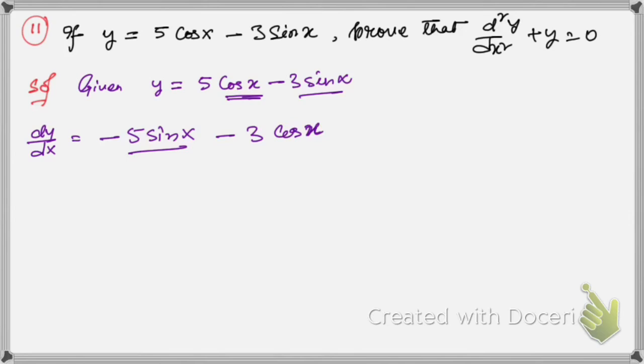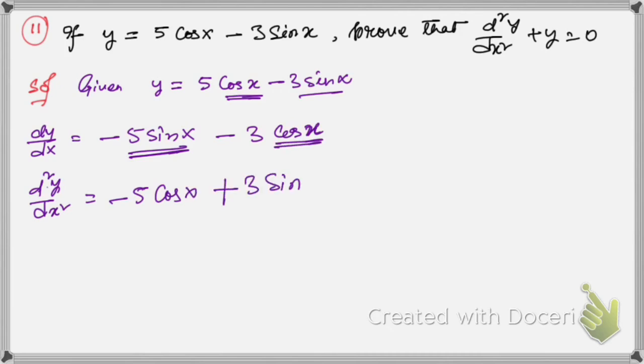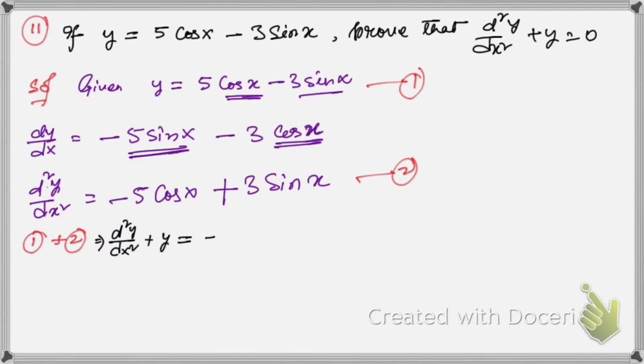Then in order to get the second order derivative of y, that is d2y by dx2, you have to differentiate it again. If you differentiate it again, you will get minus 5 cos x plus 3 sin x. So this is 1 and this is 2. Now add these two, so you will get the second order derivative of y plus y, that's going to be equal to, let me add these two.